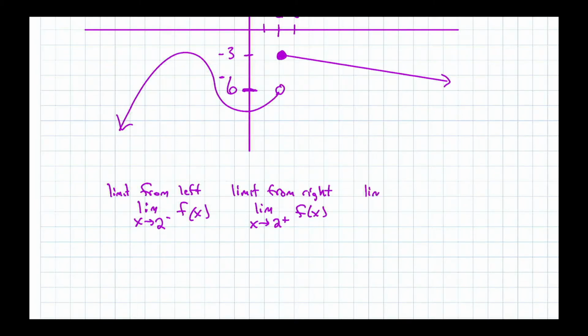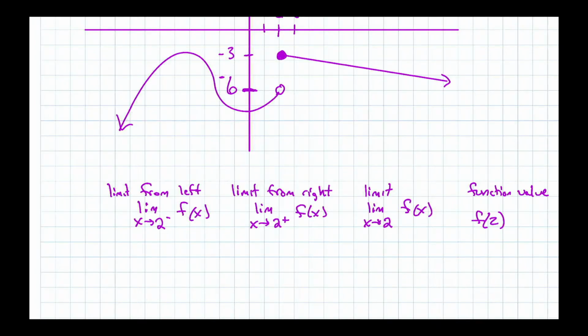They could ask about the limit, which would be just the limit as x approaches 2 of f of x, or they could ask about the function value, which they would have just written as f of 2. So those are the different things that they could have asked.